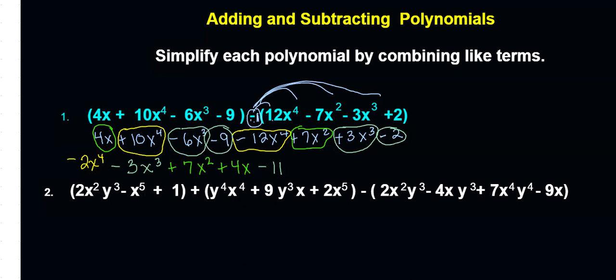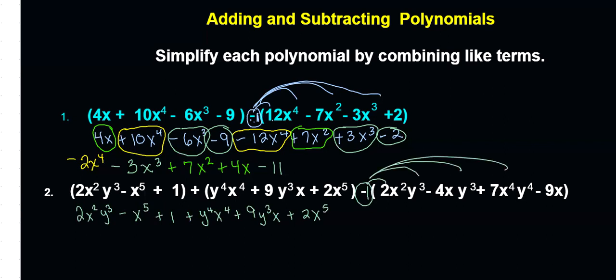So again, I see a minus sign in this next problem outside the parentheses. So I'm going to start by eliminating all my parentheses. We've got to be very careful to pay attention to detail. So I'm just rewriting the problem right now. Plus 9y cubed x plus 2x to the 5th. Now, this is like a -1. We've got to distribute it all the way through.